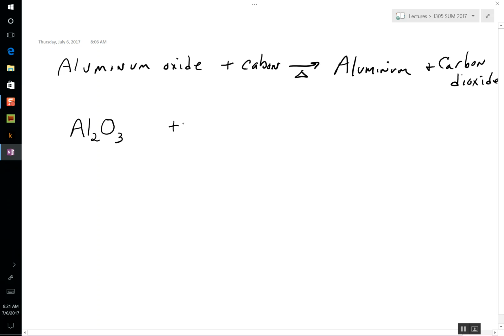It's reacting with an element, carbon. So we just write the chemical symbol for that element. The arrow, what we have here is the reactants, an arrow leading to the products.